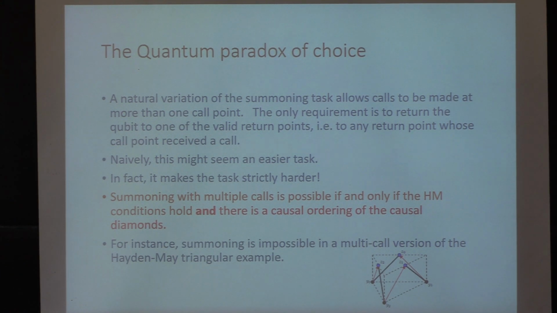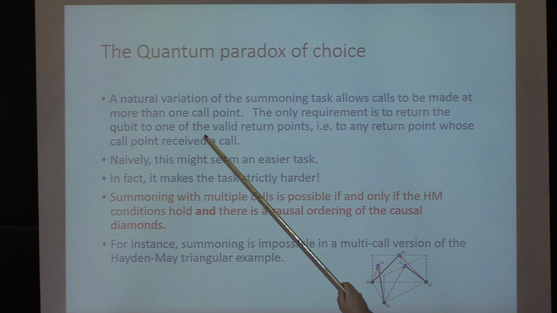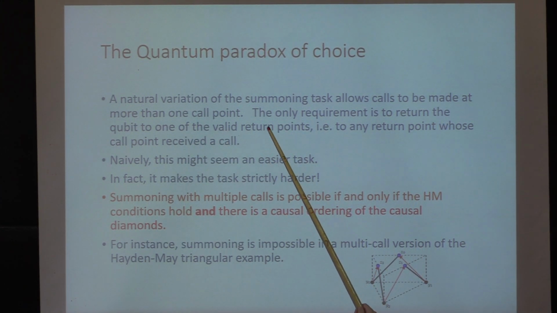Suppose we allow Bob to demand the state at several places, at several call points. He makes several summonses. We've already seen it's just not fair for him to expect the state to be returned at each point where he calls for it, because Alice can't clone it. But suppose we give her a more relaxed and apparently feasible task and say, well, you may get many calls, but if you do, you only have to return the state at one of the corresponding return points.